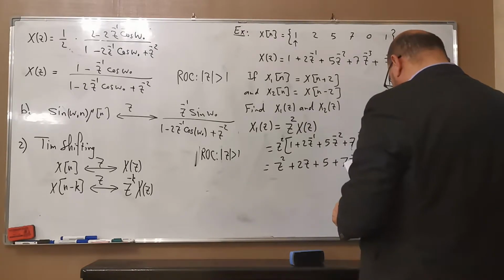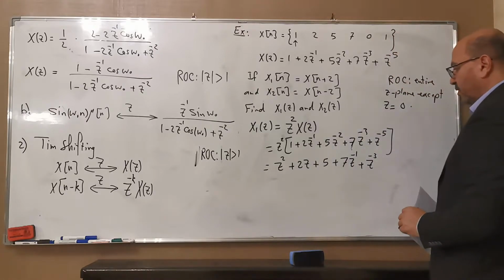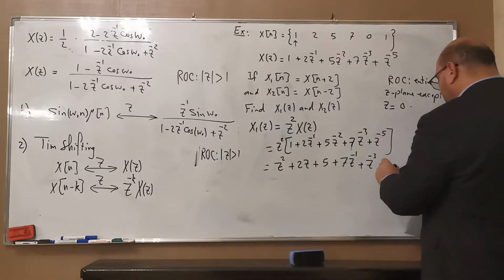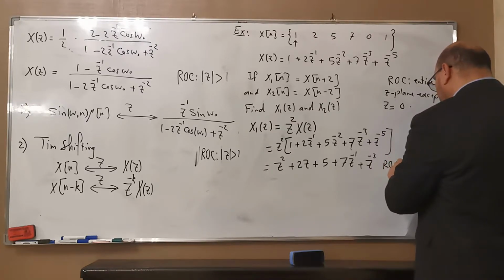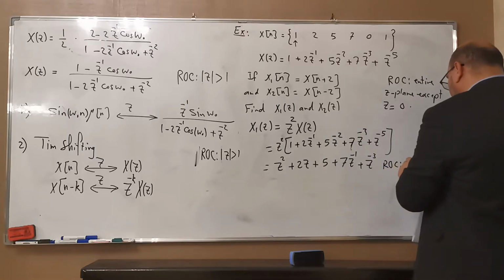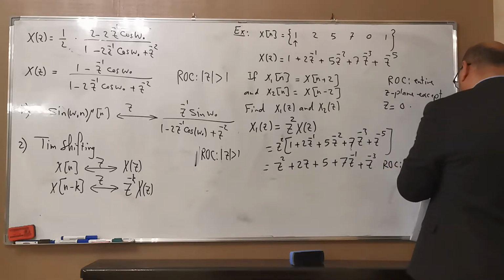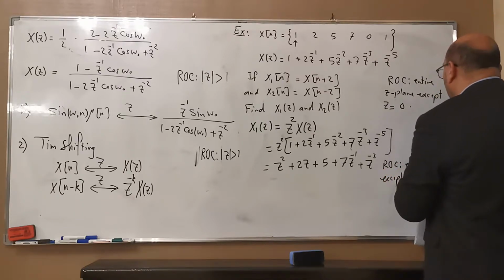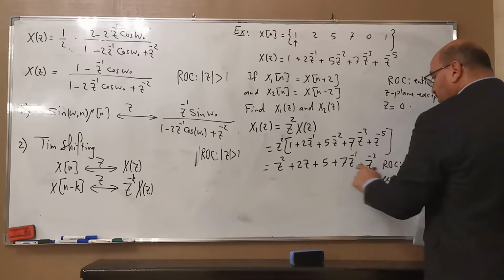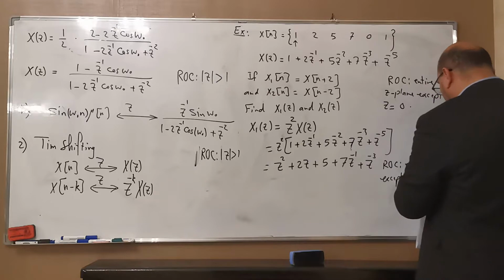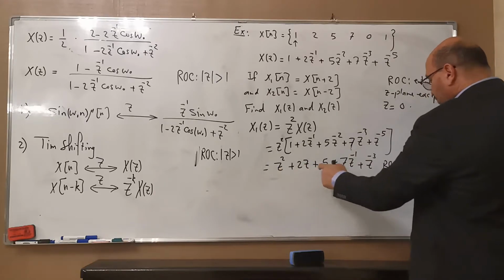So you can see that now the ROC of this X1 of z is the entire z-plane except z equals 0 for those two and z equals infinity for those two.